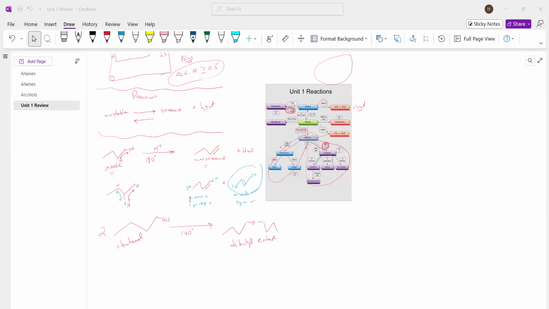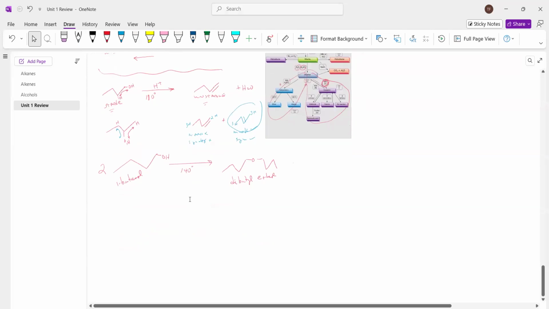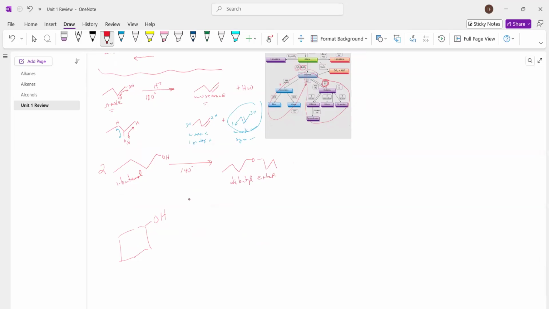Okay, so you've got an alcohol. Secondary alcohol. Now this thing can undergo a reaction at 140.